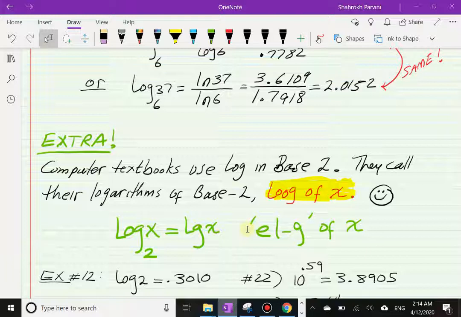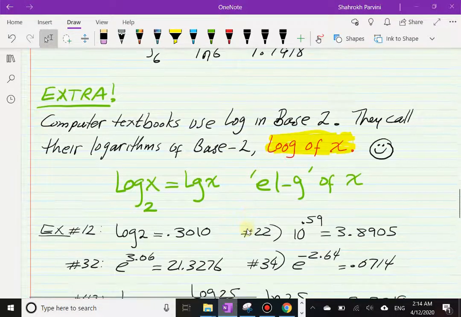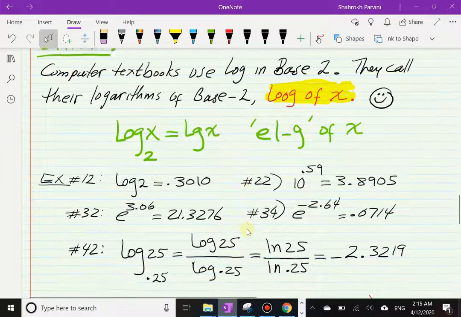So anyway, now I'm going to do some exercises here with you, very similar to the homework problems you're going to be doing. In exercise number 12, you want to do log 2. Number 22, we're going to do 10 to 0.59. And there you go. These are the ones that we're doing.